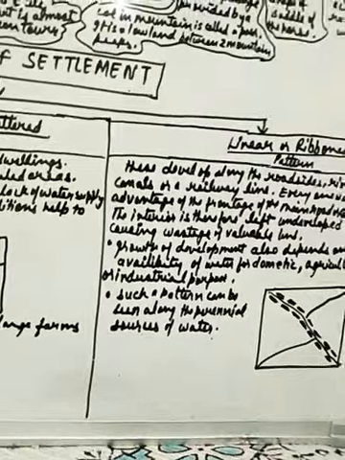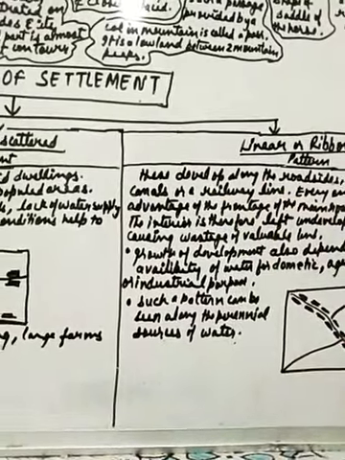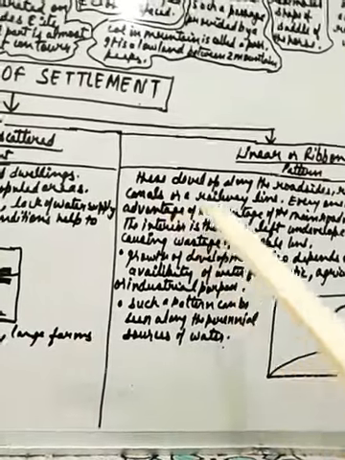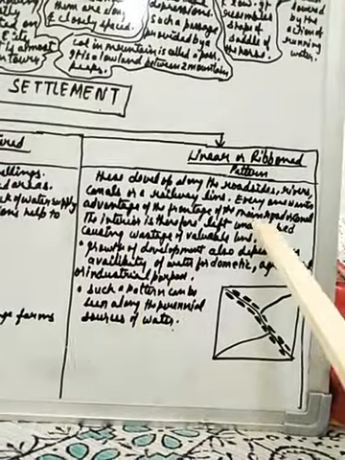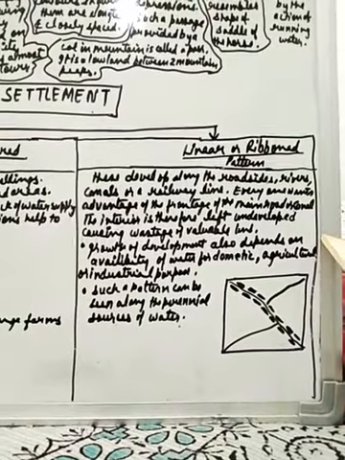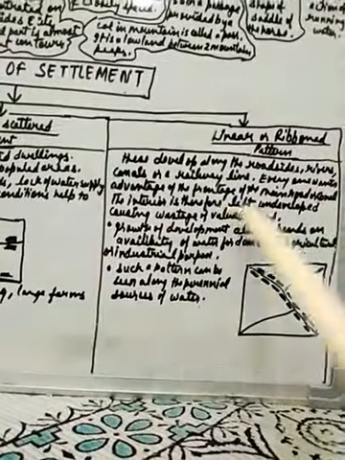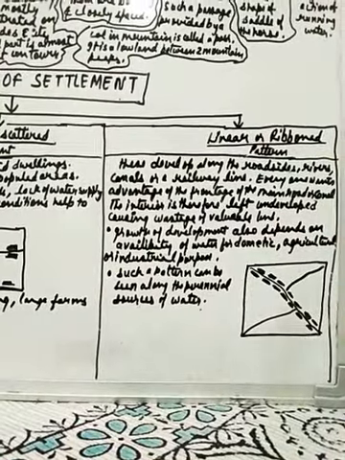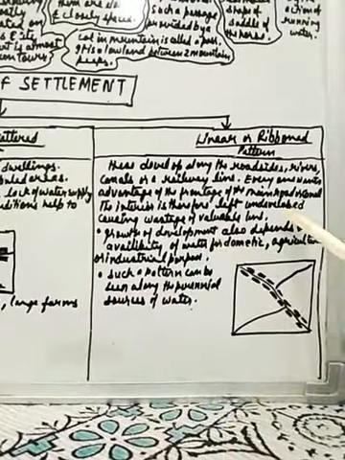Then we have linear or ribbon pattern. These develop along roadsides, rivers, canals or a railway line, and everyone wants to take advantage of the front line of the main road or the canal. So the interior is left underdeveloped, causing wastage of valuable land.